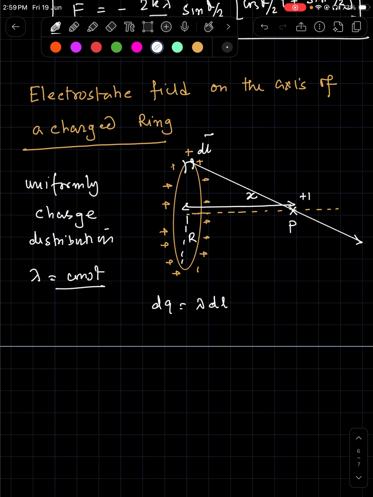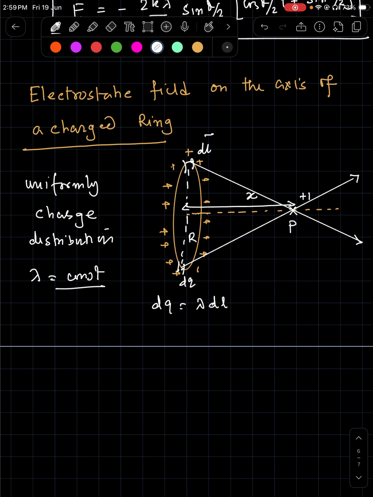And I have taken a diametrically opposite line element here, with the same charge dq, which will repel this plus one charge in this direction with the same magnitude. Why am I saying the same magnitude?